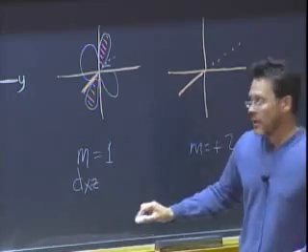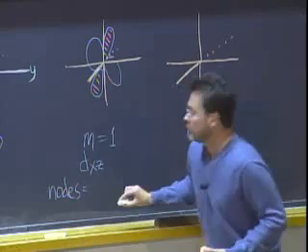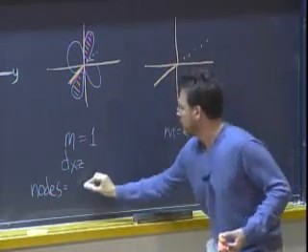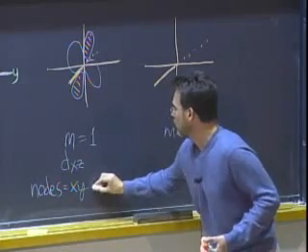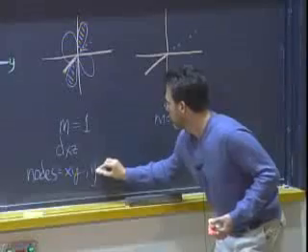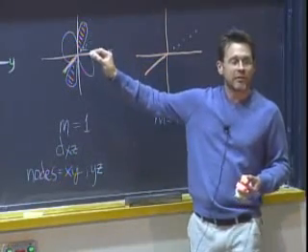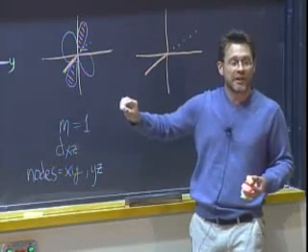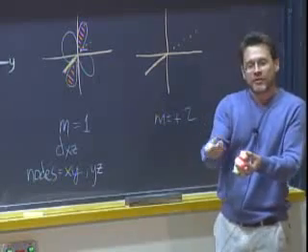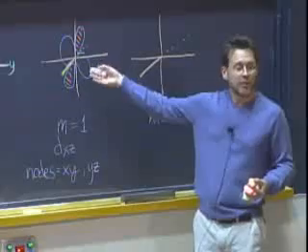And that means that it has nodes. You have 2 planes that are nodes for a dxz orbital. And one of these is the xy plane, and then the other one is the yz plane. Okay, so those are planes. When you go from one side through one of those planes to the other side, the wave function changes sign. Okay? And just like each p orbital has a single nodal plane, each d orbital has 2.